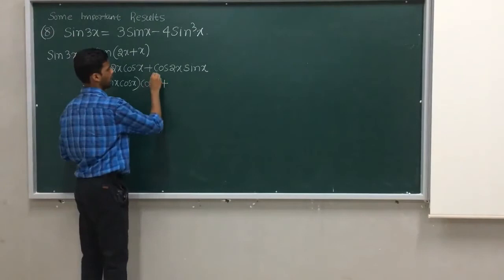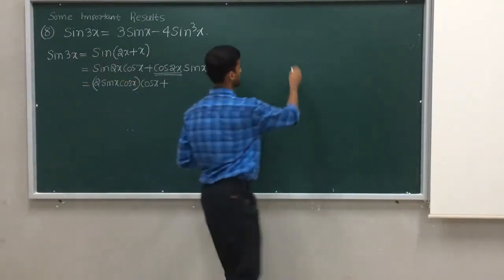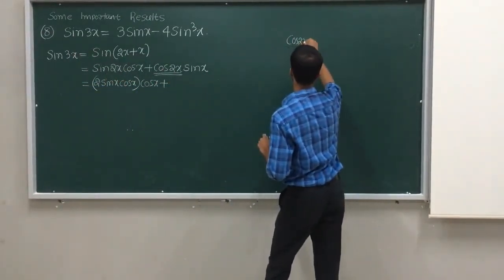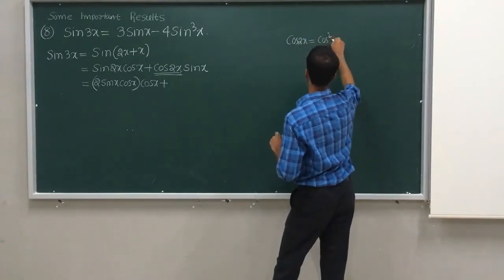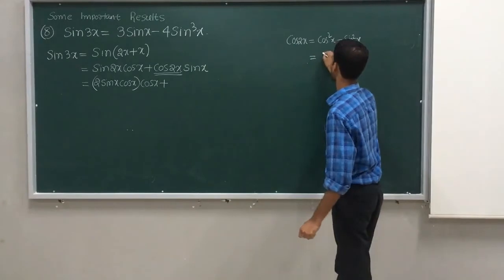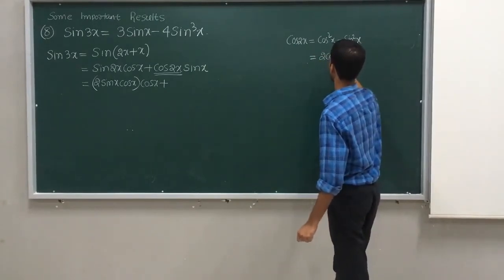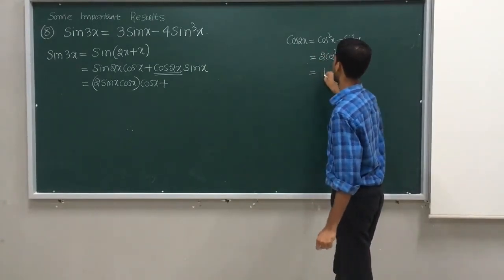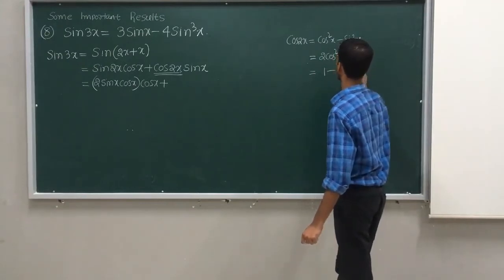Now, I know the cos 2x expression. Cos 2x has many expressions. Cos 2x can be written as cos square x minus sin square x. Cos 2x can be written as 2 cos square x minus 1. Cos 2x can be written as 1 minus 2 sin square x.